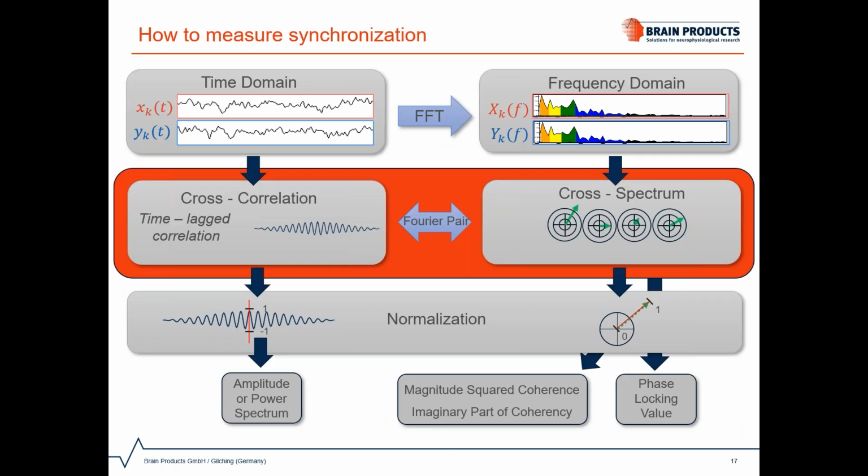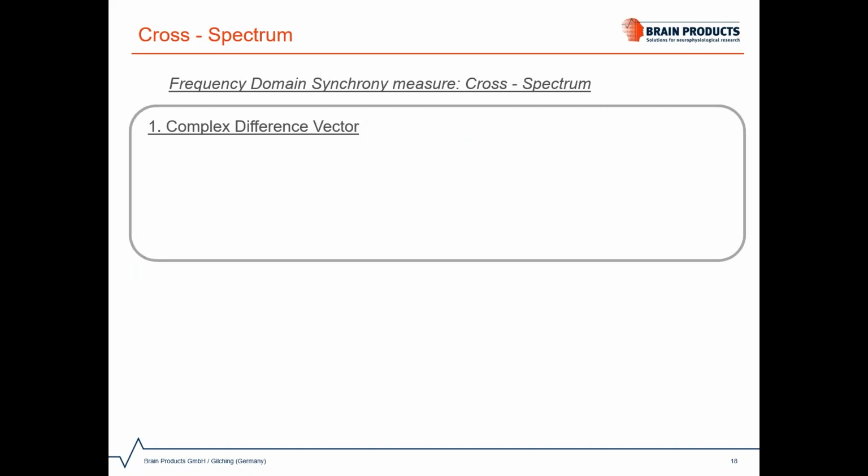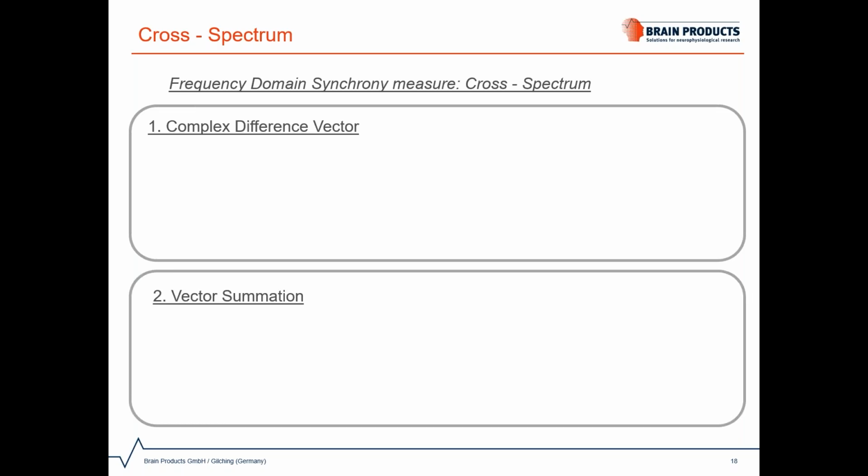Let's now look to the frequency domain and see how the cross spectrum is computed. The cross spectrum is also calculated in two steps. One is the computation of the complex difference vector, and the other is the vector summation. In order to compute the difference vector, we need the complex frequency spectra of both signals.